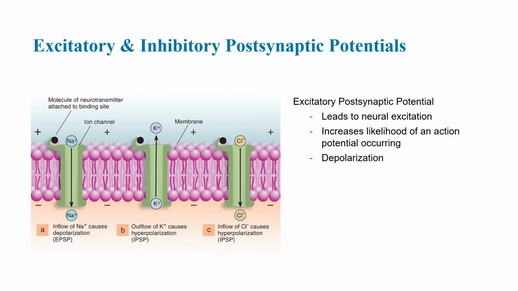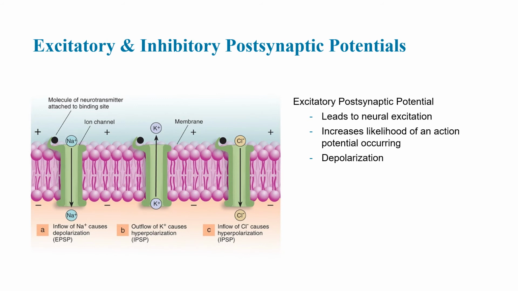You can have various different ion channels opened up, causing different things to occur, like sodium moving into the neuron, causing depolarization, which can cause what's referred to as excitatory postsynaptic potential. Excitatory postsynaptic potential is when you get neural excitation. Basically, this increases the chance of the neuron firing.